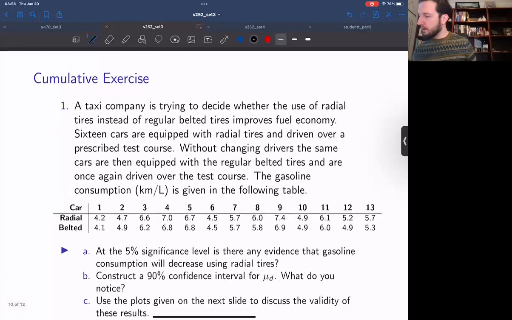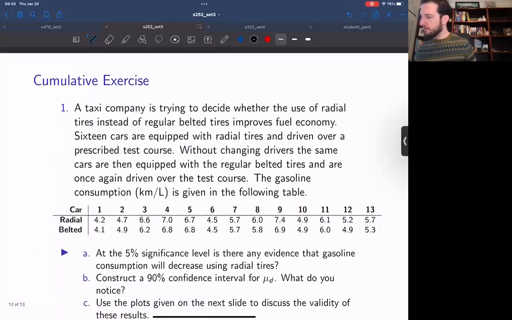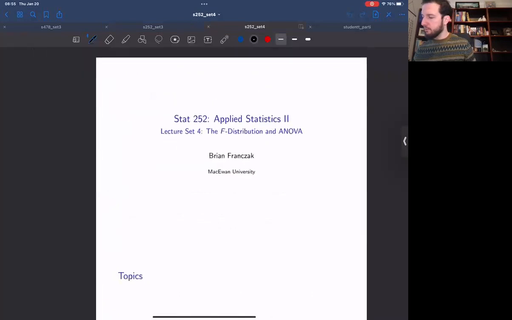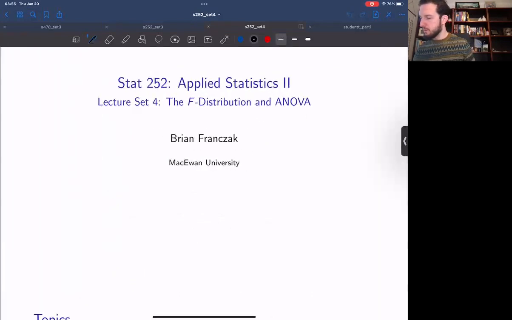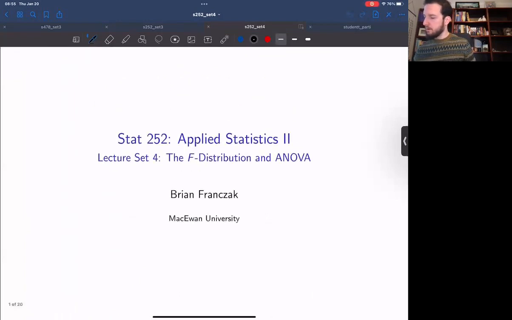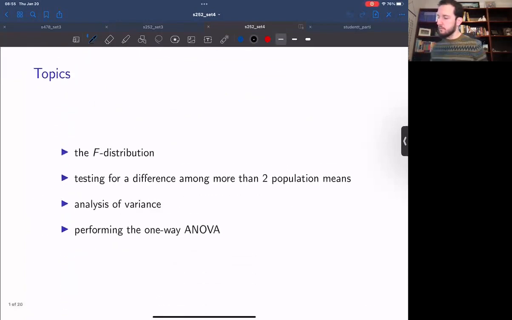All right, so that brings us to the end of lecture set 3, which means that we can start lecture set number 4. Okay, so as I had just mentioned, lecture set number 4 is a review and more in-depth look at the one-way ANOVA.